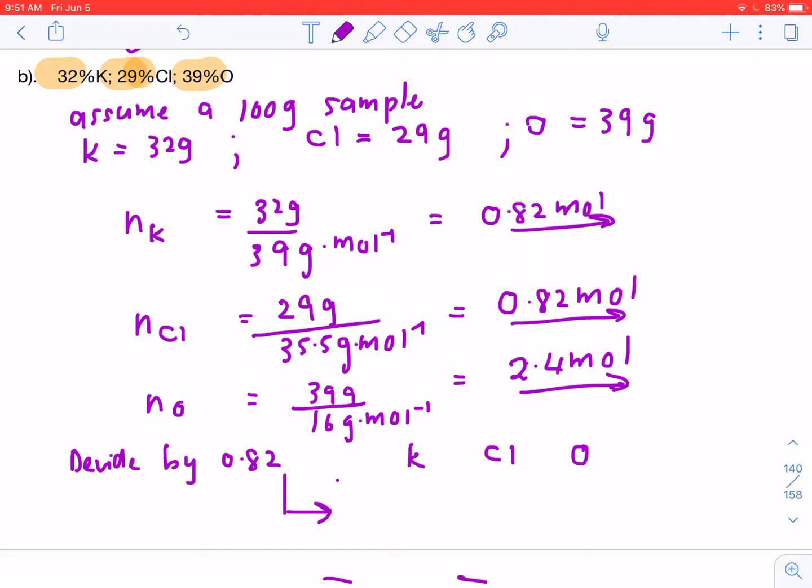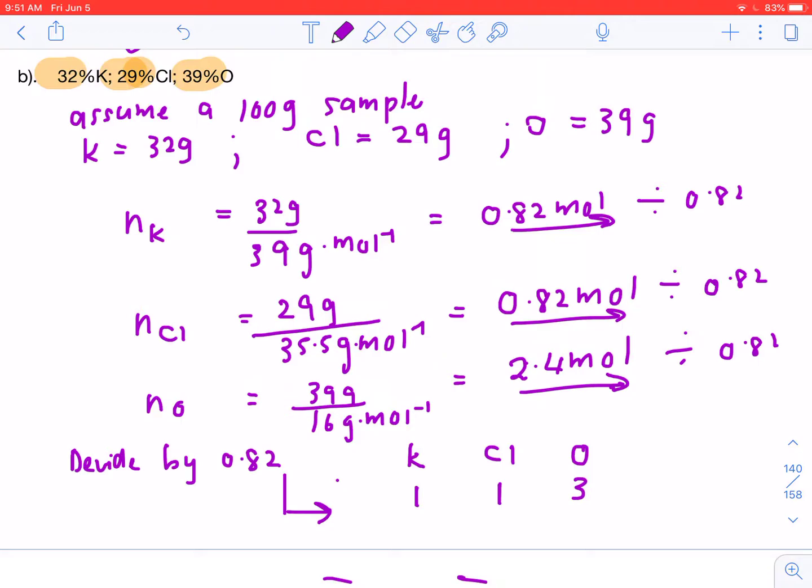I'm going to divide that by 0.82, and that by 0.82, and that by 0.82. I'm going to have 1, and I'm going to have 1, and 2.4 divided by 0.82 is 3.